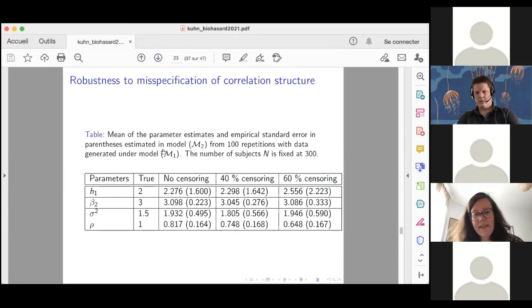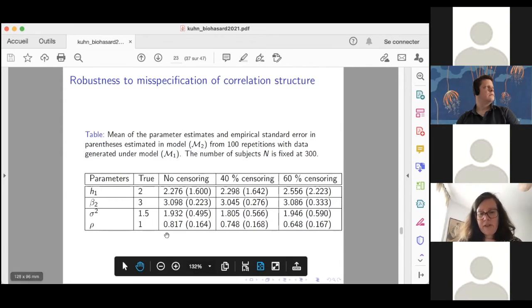We estimate the parameters in model M2 with data simulated under model M1, so under the wrong correlation structure. The results are presented in the table, the same table as before, but with the estimation considered here.